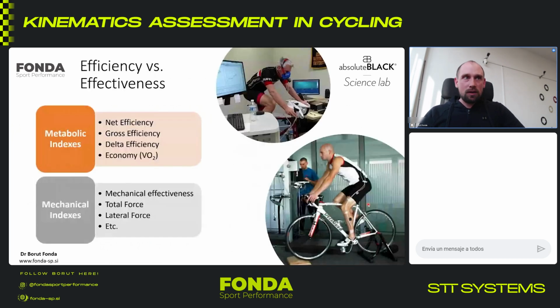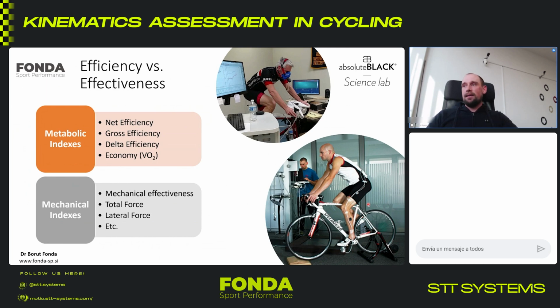Now, in this talk, I'm also going to be referring to some effectiveness and efficiency terminology, and I'd like to clear that before we start. One is a metabolic index, called efficiency. Mechanical efficiency has different mentions. It basically refers to the energy consumption, or how much energy you use for a given workload. Whereas mechanical effectiveness is purely about the force: what percentage of the force that you push on the pedals actually goes into power.